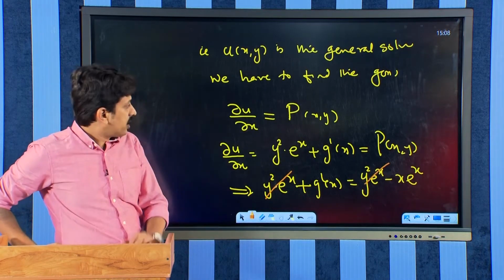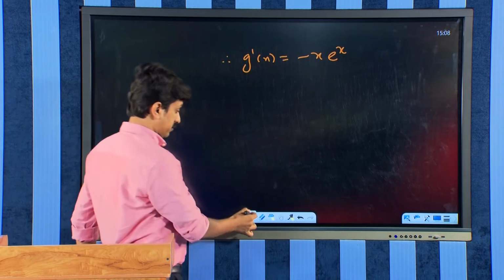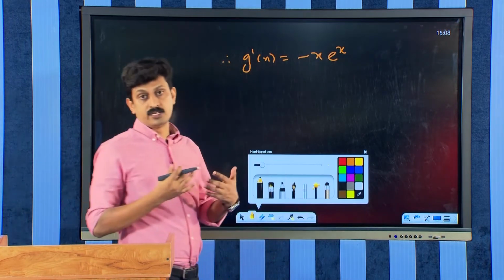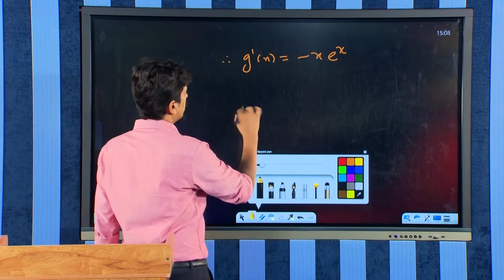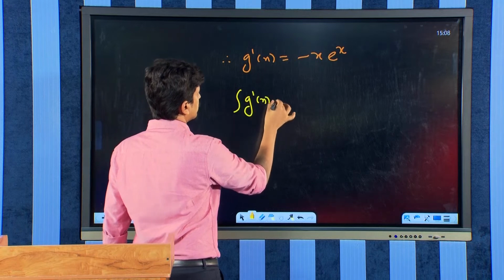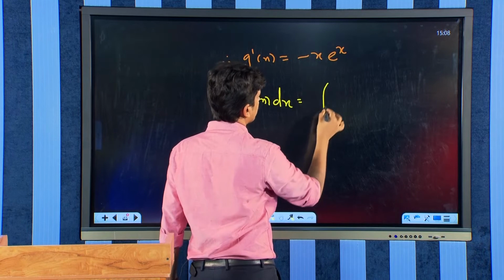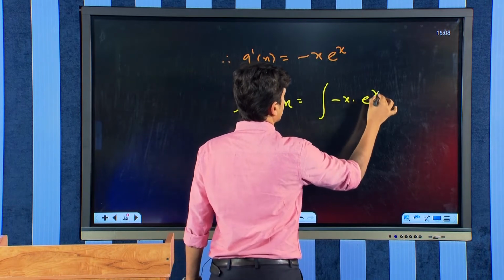Okay, fine. Now we have to find g from here. How can we find g from here? That is our question. By integrating we can find it. Therefore, the integral of g dash of x dx is equal to the integral of minus x into e raised to x dx.